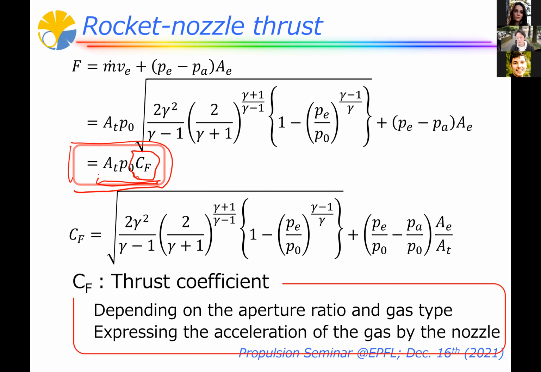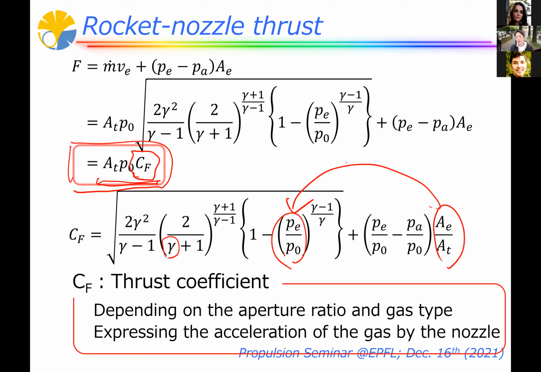And this thrust coefficient is determined by the type of gas, gamma, and the pressure ratio and aperture ratio. But as I said in the previous slide, this pressure ratio is determined by aperture ratio. So this means basically this CF is determined only by aperture ratio and also gas type.